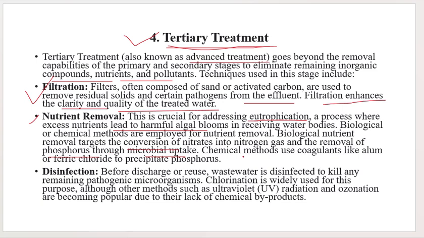The chemical methods use coagulants like alum or ferric chloride to precipitate phosphorus.